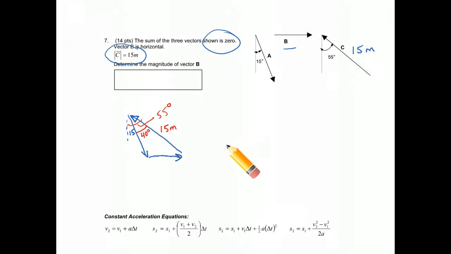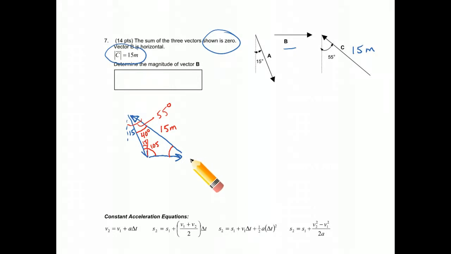Okay. I need a little more information. I know that this angle, opposite interior, is 15. So this whole angle right here is 90 plus 15, or 105. Okay, and that also tells me that I know that angle.